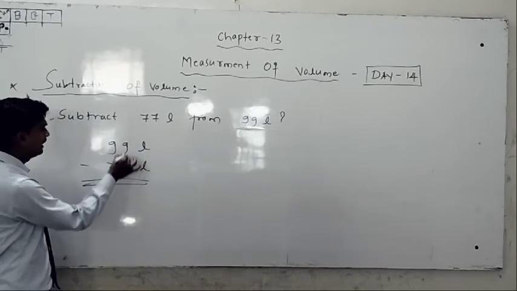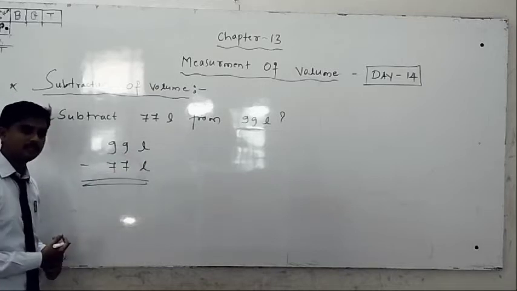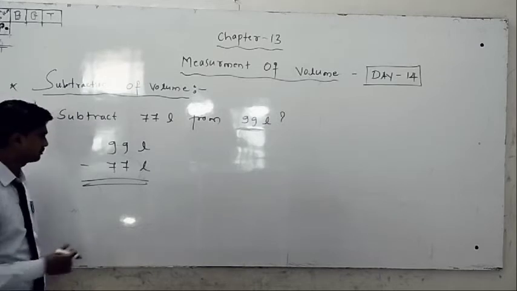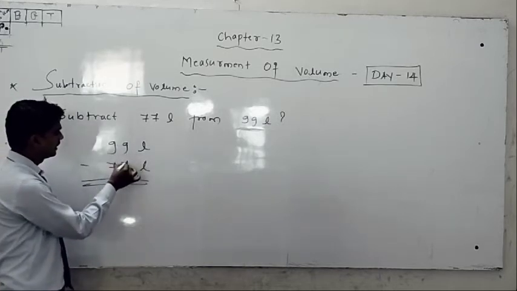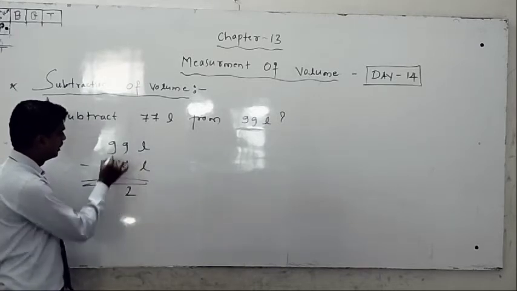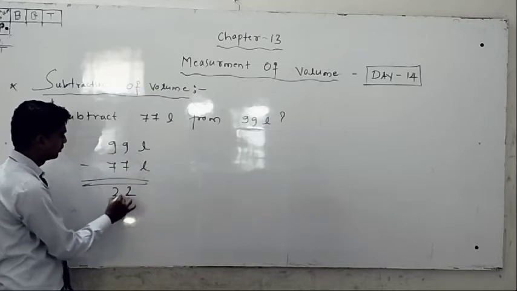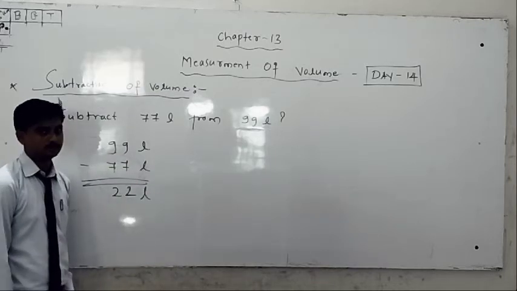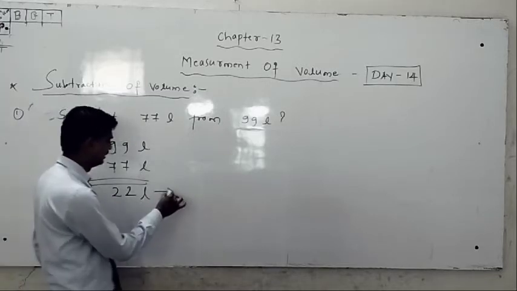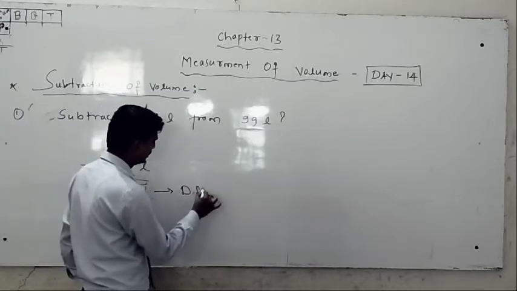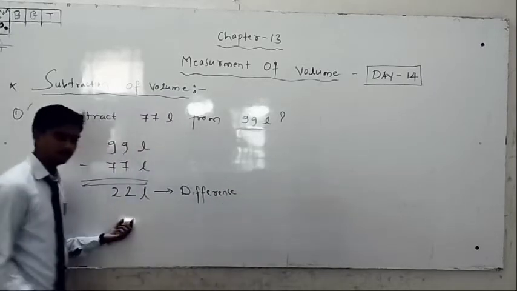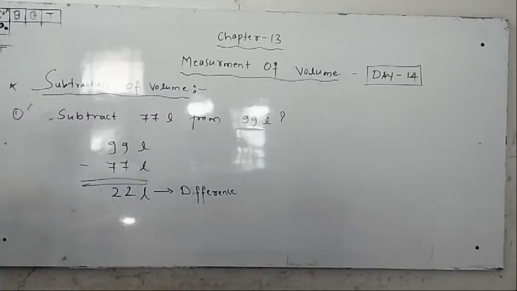Then 9 minus 7 is easy because 9 is bigger and 7 is smaller. 9 minus 7 is 2. So 9 minus 7 is also 2. It is 22 liters. This we should call the difference. Okay, write down this one. All of you write down this.